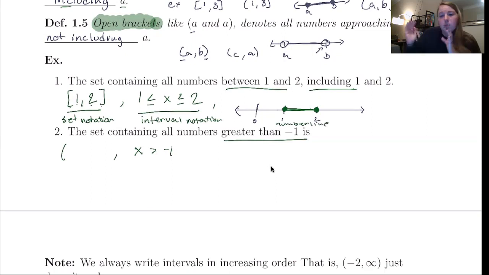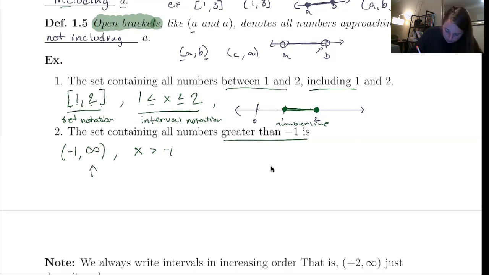So if I have a line under my greater than or equal to, less than or equal to, I'm going to have lines in my brackets. So closed brackets. I don't have a line here, so I'm going to use open brackets. I'm not including -1, so I'm going to put -1 to the left. And what is the biggest number greater than -1? It's not actually a number. It's the idea of infinity.